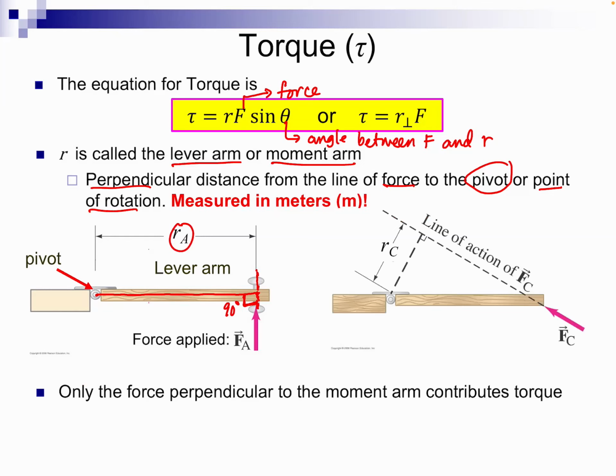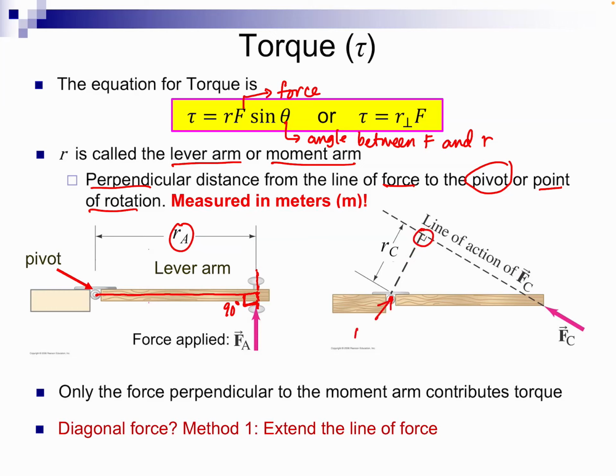And if you have a diagonal force, like this force FC that's exerted at some angle relative to here, then there are two methods of finding the moment arm. One way is to extend the line of force so that you are able to draw a line that is perpendicular to that line of force and passes through the pivot.